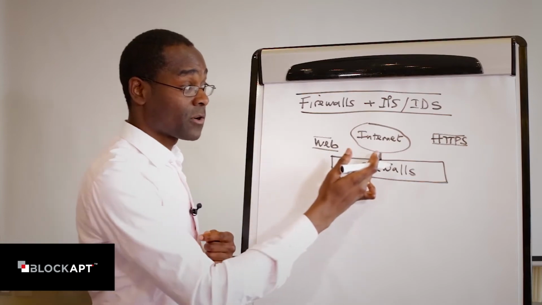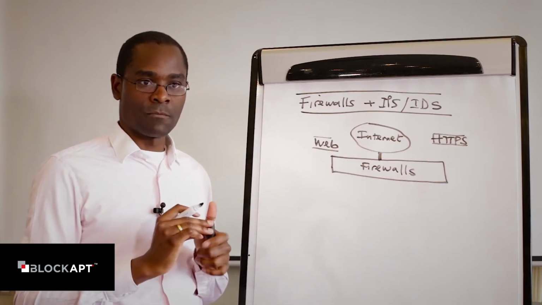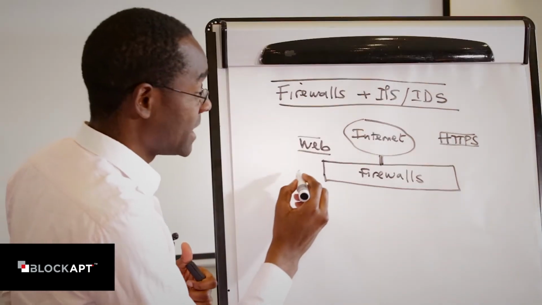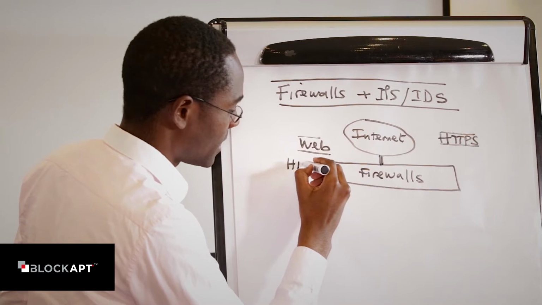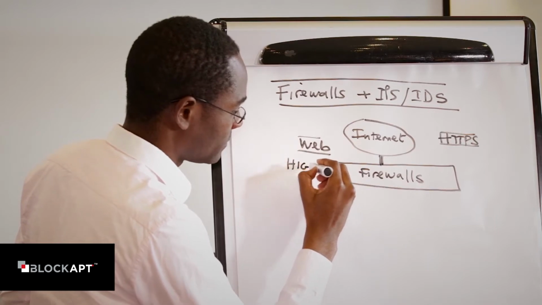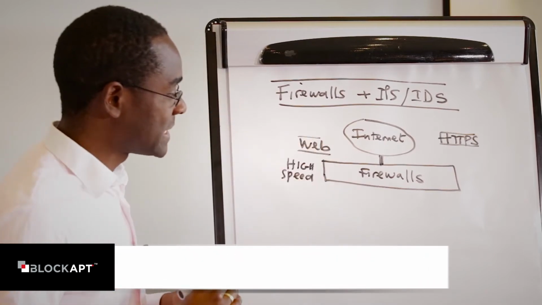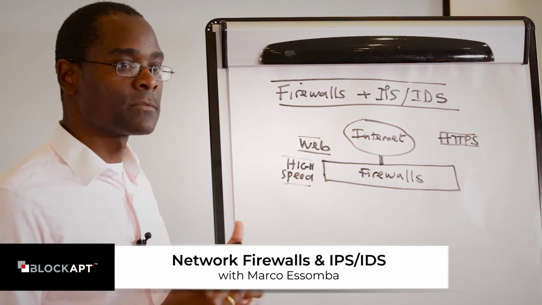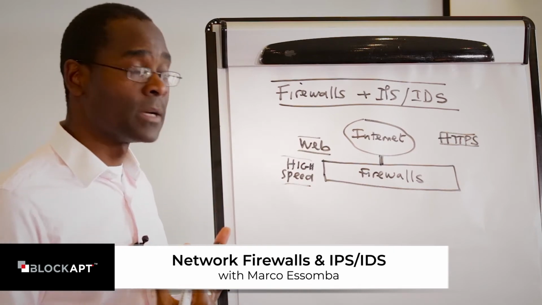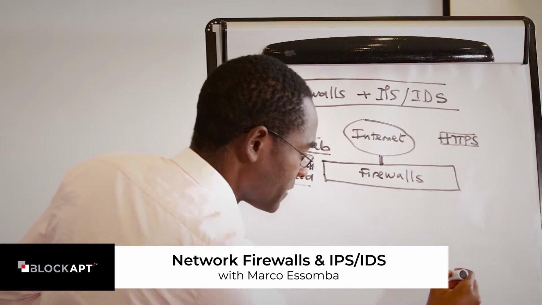If you were to try to connect to a different type of service within the company, the firewall is going to stop you. It's usually very high speed. Because you sit at the edge of your network, this thing needs to be very fast in terms of coping with a lot of connections coming through. And bear in mind, I'm going to keep the simplistic view of our network.